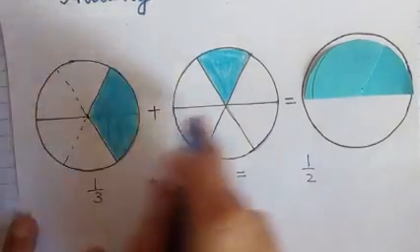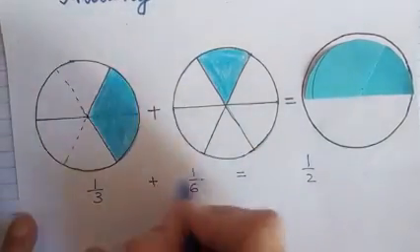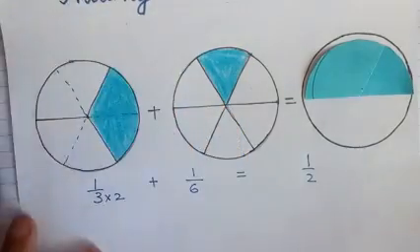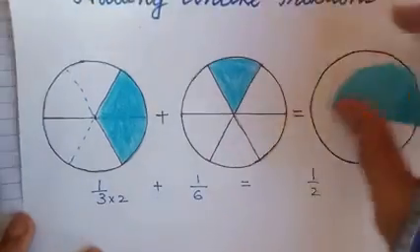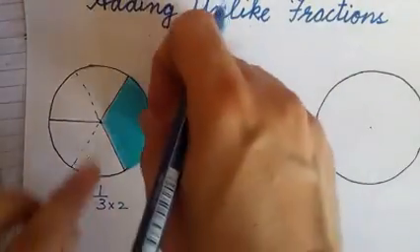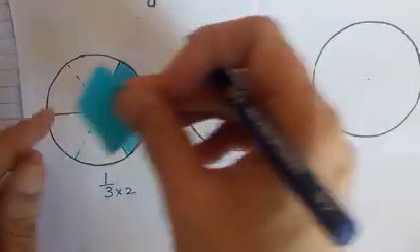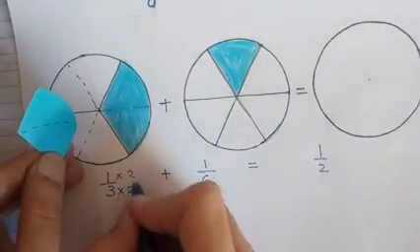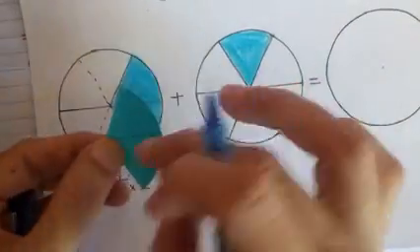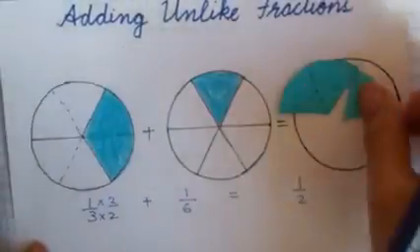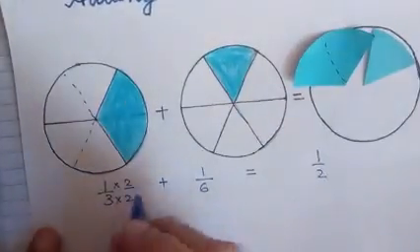We want denominator 6, so we are dividing this into 6 parts. When we are dividing this into 6 parts, this part is also getting divided. The numerator, the taken out part, is also getting divided. So that one part we are making 2. So now this is becoming equal.